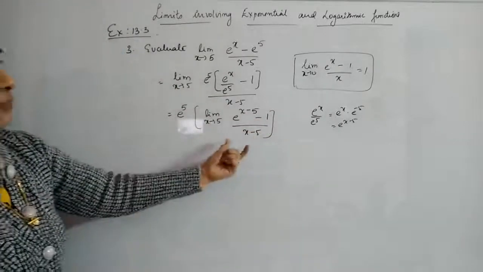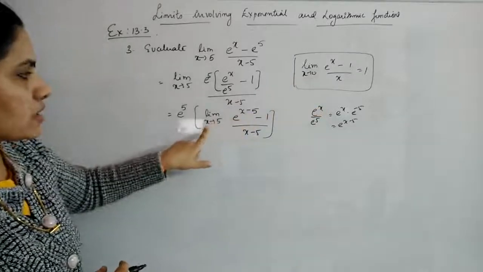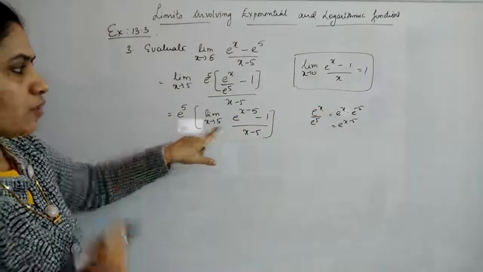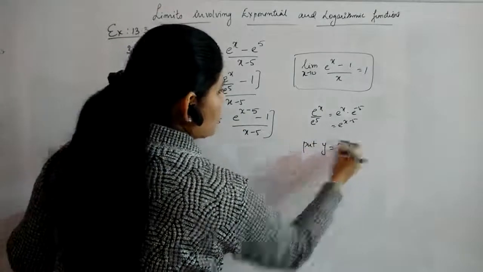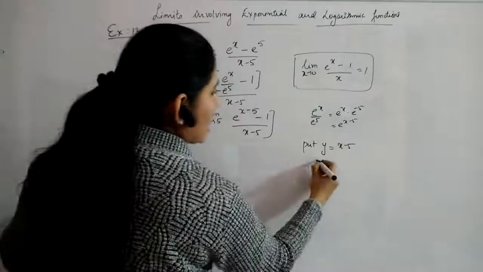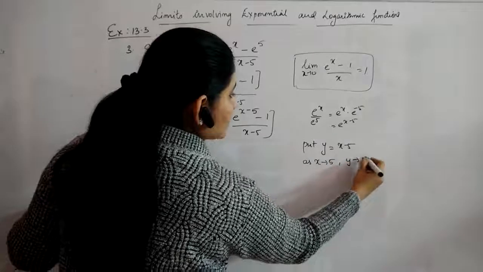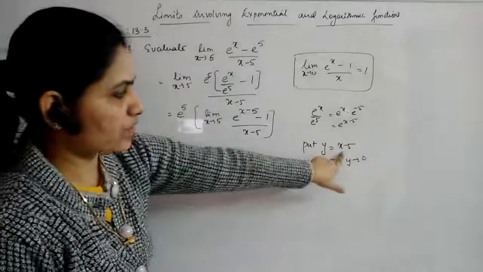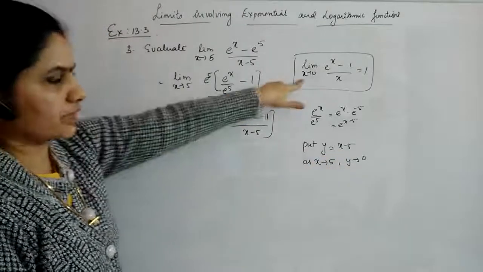Again you can apply in this manner because it tends to 0. The term here should tend to 0. So one option is you put y as x minus 5, so that this will become y, this will become y. As x tends to 5 you will have 5 minus 5, so y tends to 0, right? So the limit becomes perfect here.